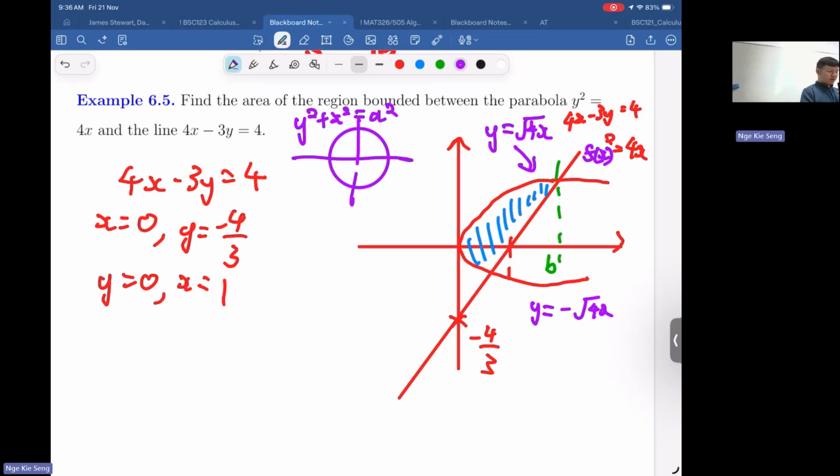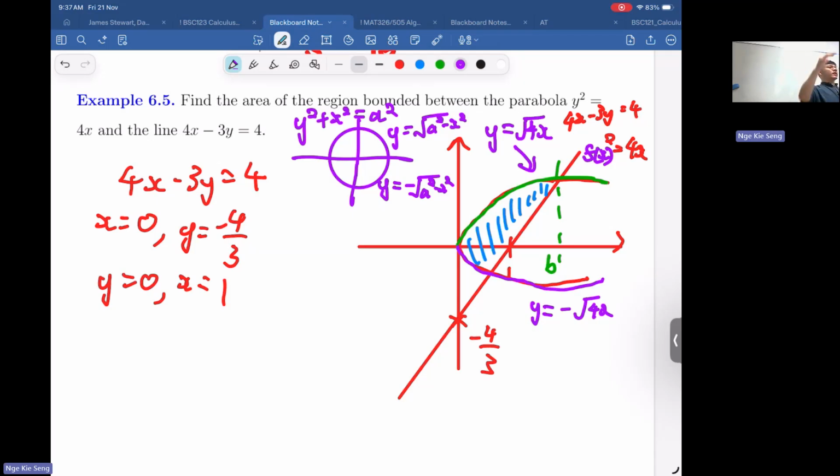And then there's an upper circle and lower circle. So the top is y equals square root of a squared minus x squared, and the bottom one is y equals negative square root of a squared minus x squared. Okay, so this is exactly what happens here. So you split the parabola into two parts.